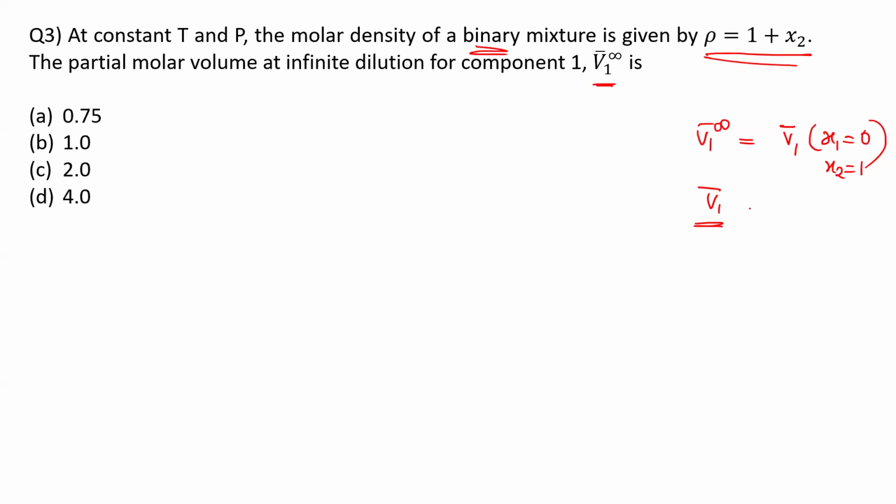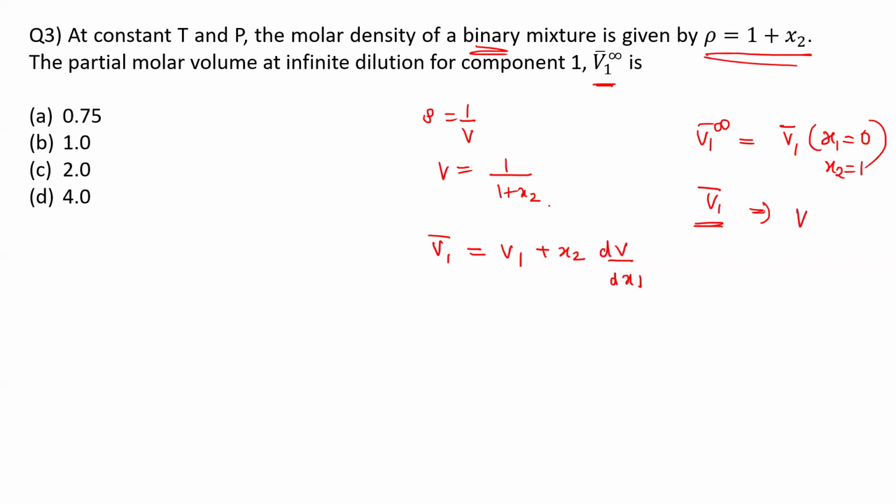So first I need to know what is V, right? So rho is equal to 1 by V. Therefore, V is equal to 1 by 1 plus x2. And V1 bar equal to V1 plus x2 dV by dx1.